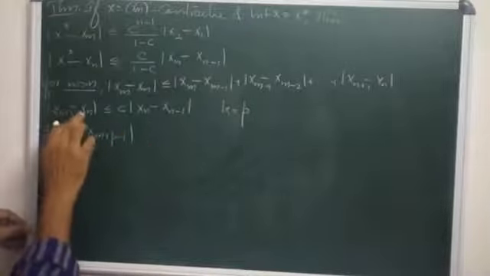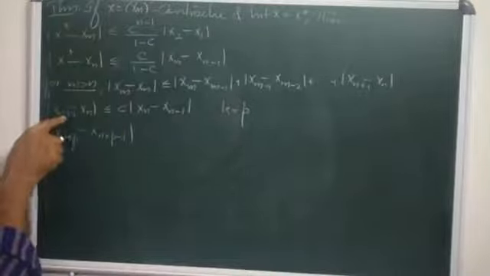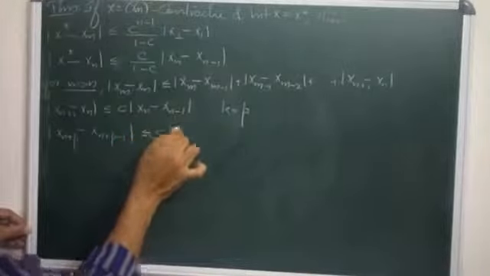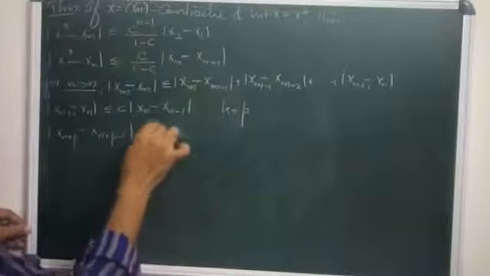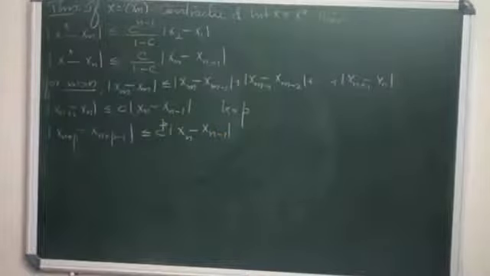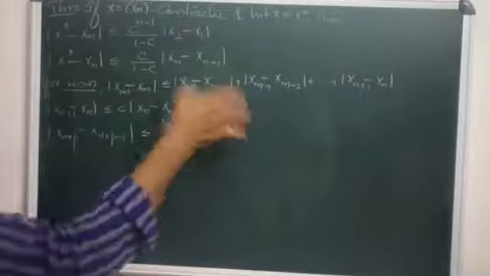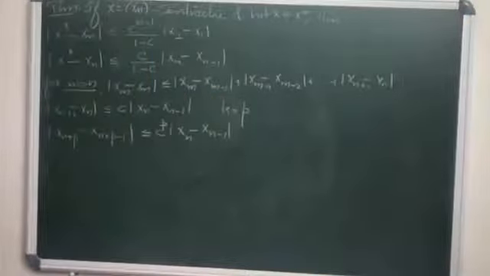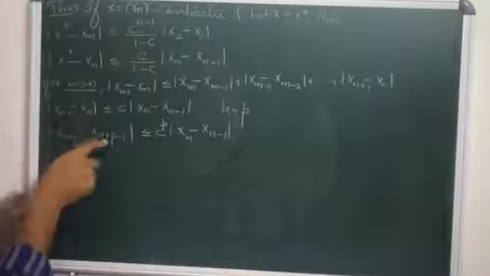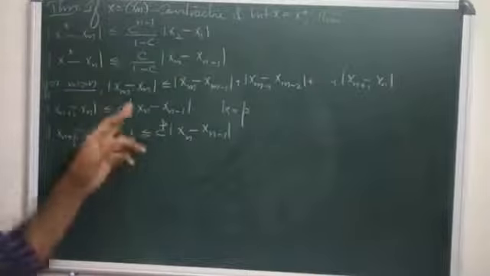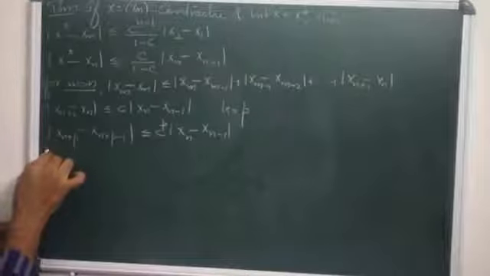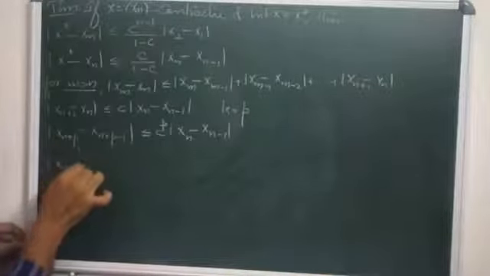So |x_{n+p} - x_{n+p-1}| is less than or equal to c^p times |xn - x_{n-1}|. Why? Because we assume that the result is true for k equals p. Now consider |x_{n+p+1} - x_{n+p}|.